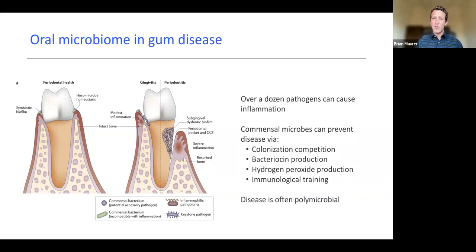And similarly, they can also train our immune system to recognize these pathogens and to not cause as much inflammation by secreting different molecules and interacting with it. So really, coming back to this idea that our commensal bacteria are one of our best defenses against oral disease.